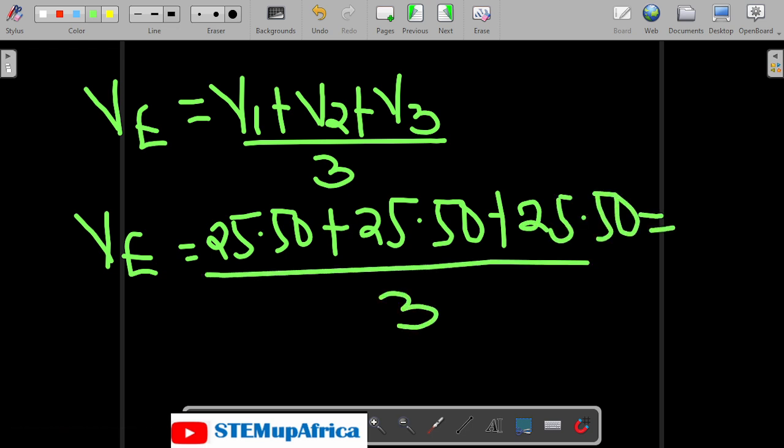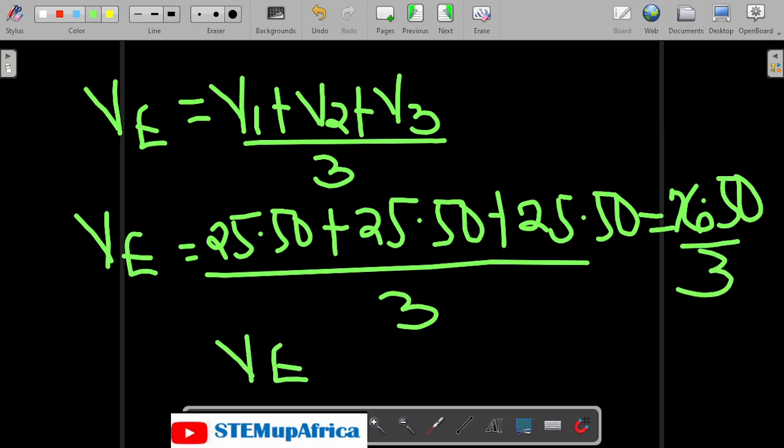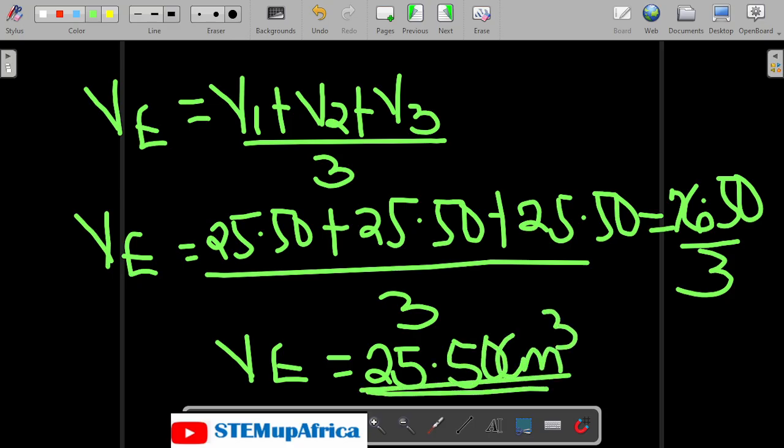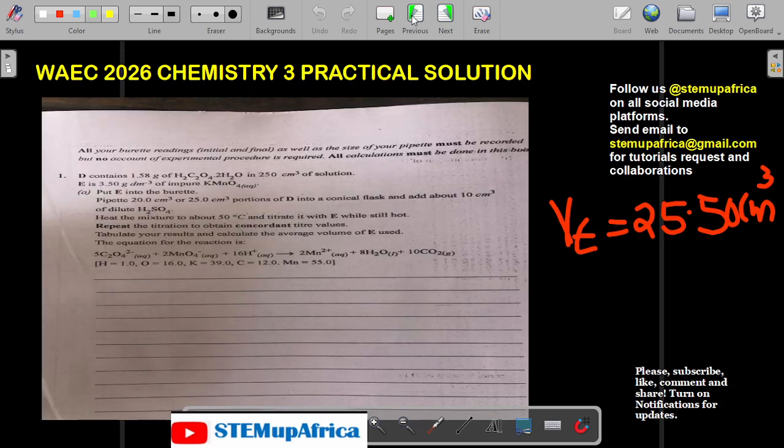If you sum up, 25.5 times 3 will give us 76.50. 76.50 divided by 3. So our VE will give us 25.50 cm cube. So this is now the average volume of the acid used. Okay, that is question 1A.